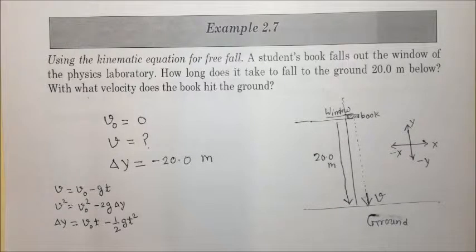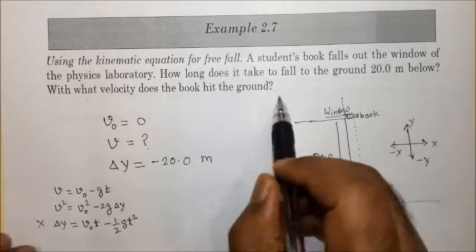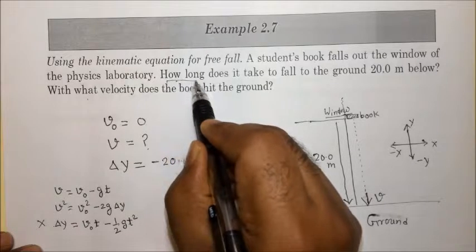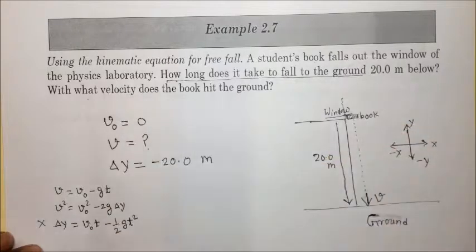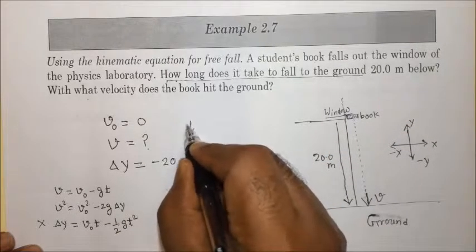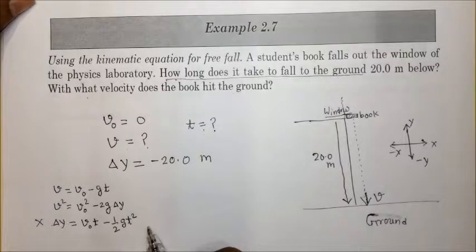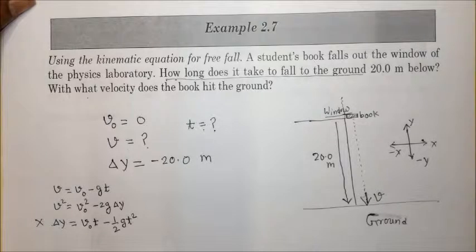Which equation should we apply to get V final? In fact, we have to calculate time also. How long does it take to fall to the ground? So we are looking for time also. Let's find the time first and then we will go to the V final later.